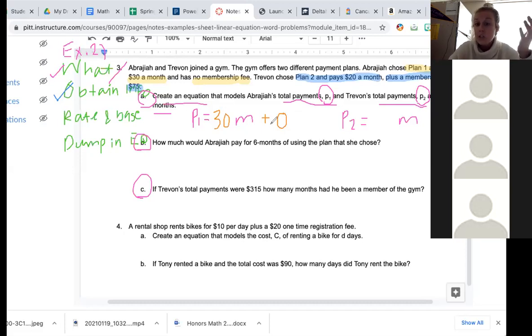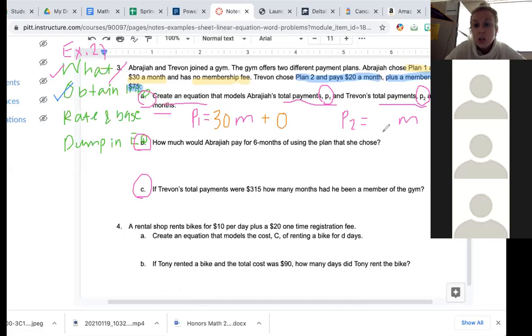But if you wanted to, you could put plus 0. Does that make sense to everybody? Okay, you don't have to write the plus 0. I just do it because sometimes I have kids who want to put something there so that they don't forget for future problems to put one.